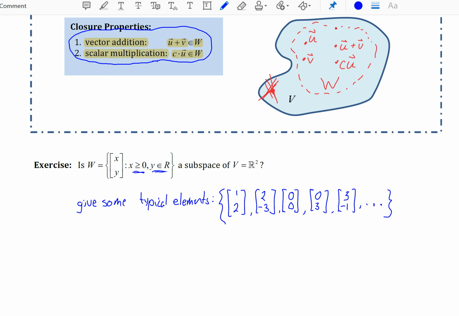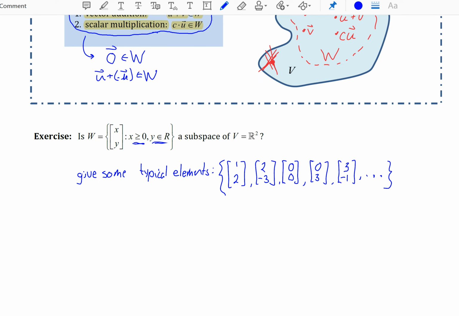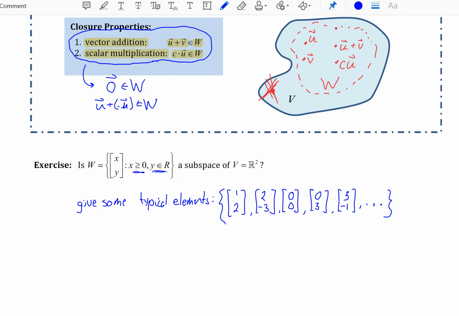Again, sometimes I find it nice to also show that 0 is in this space, or that for any vector u, its negative has to be in this space. There's lots of ways you can do it. So either you have to show me it's a subspace by showing it satisfies these first two requirements, or show me maybe it doesn't satisfy some other requirements that are in there.